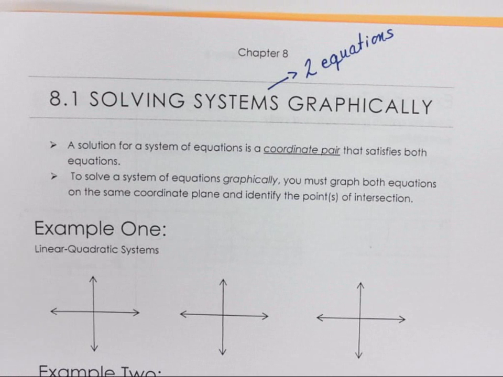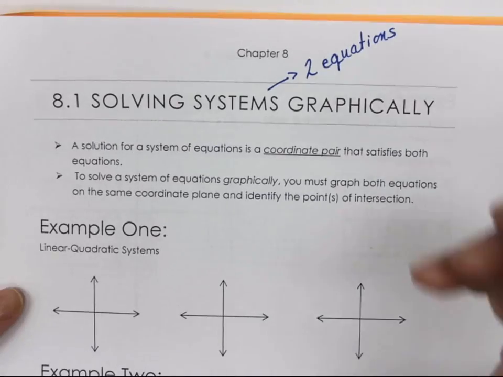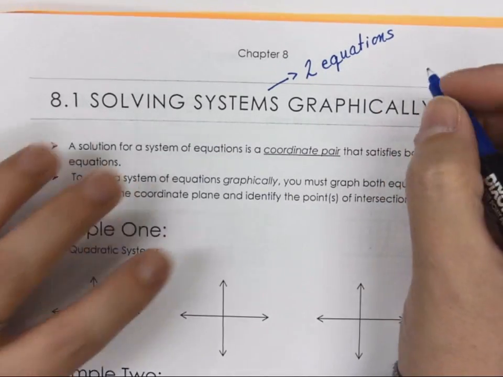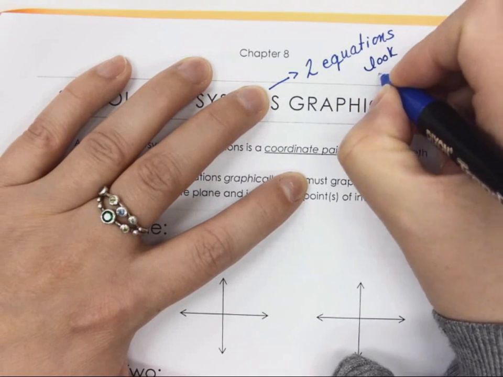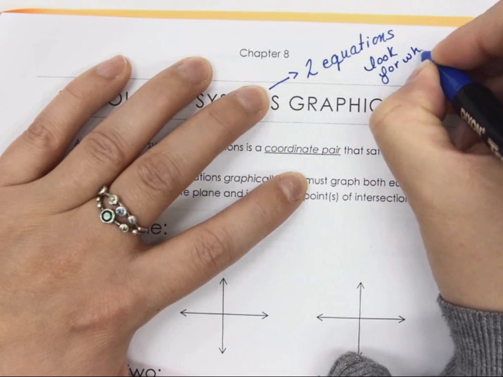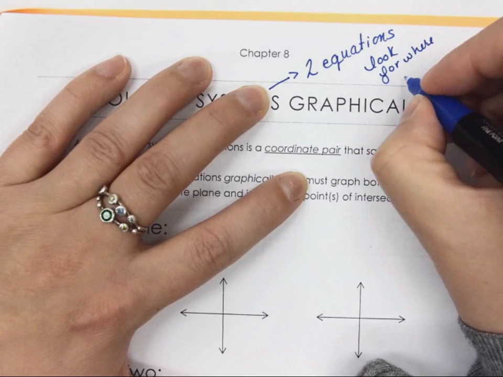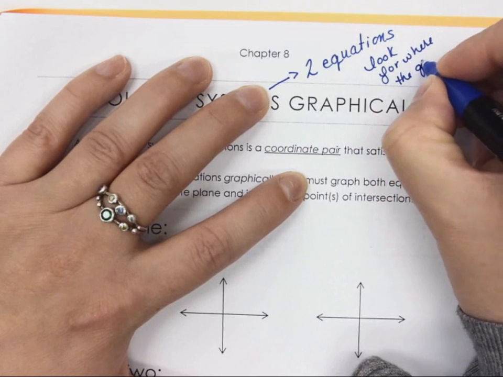Okay, we're going to do it algebraically and graphically. Those are the two ways we're going to do it. So 8.1 is graphically. Now, if we have two equations, when we're solving it graphically, we're looking for where the graphs cross each other.